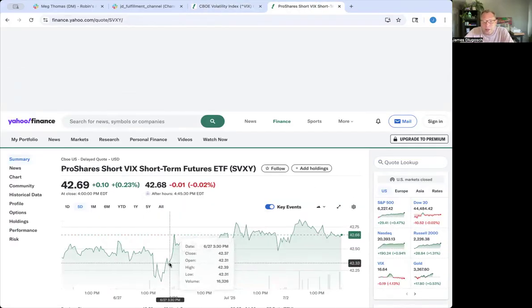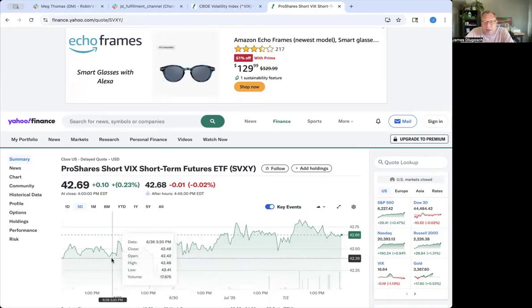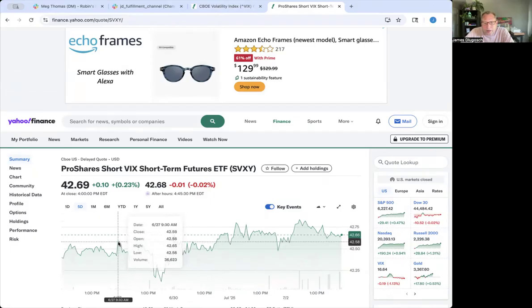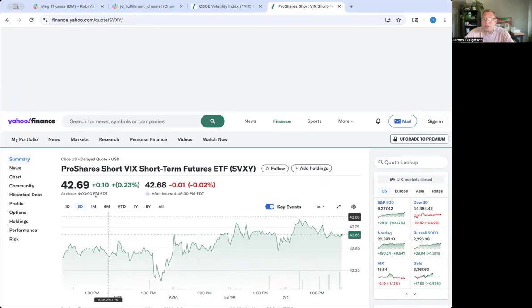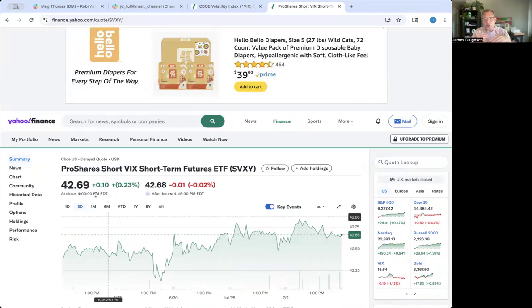We entered the SVXY trade at the open, right around 42.65 was about where we opened the SVXY. And you can see we closed today at 42.69 or fractionally higher.